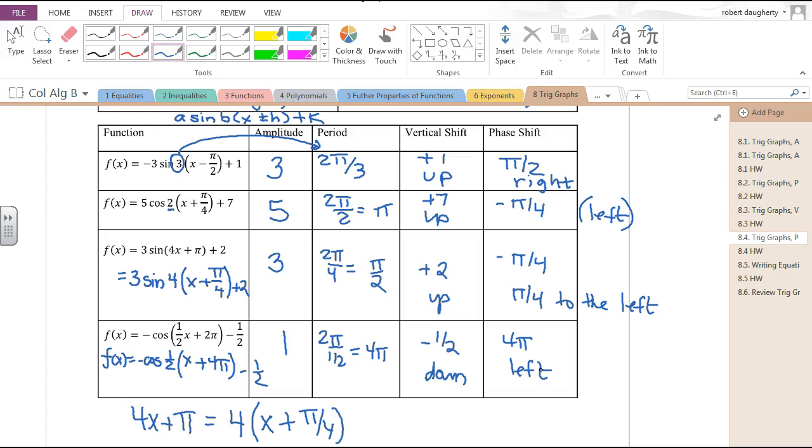So I feel like when we get to this section, like the first day we graphed sine and cosine, we had amplitude and we had reflections. And then the next day we talked about the period. The next day we talked about vertical shifts. It's sort of like you're building a house out of playing cards. Every day I put one card on it. When I get to this last day, this is like the 5th card.